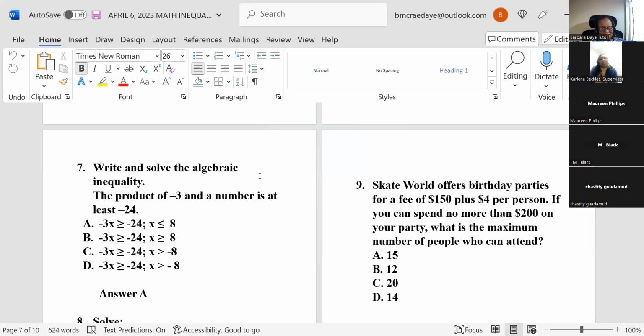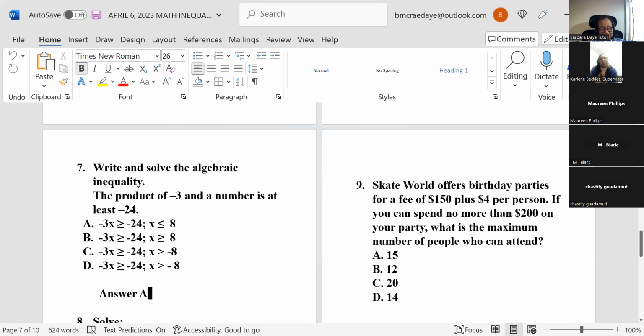It's A, right? I asked, and you didn't answer. I was figuring it was A, but then I left it at B. No, I said write the inequality.